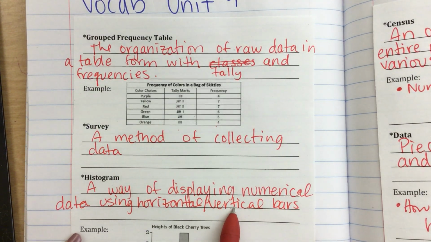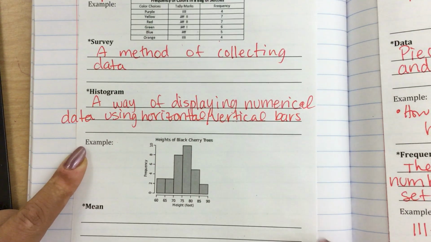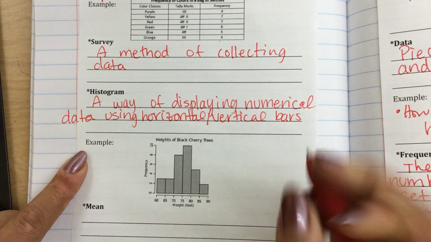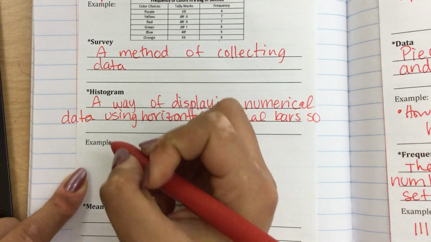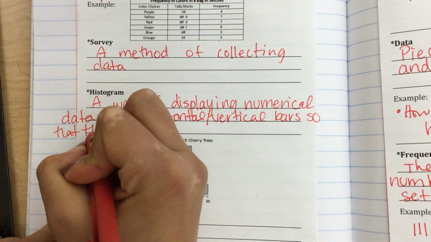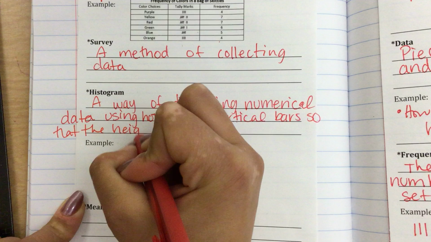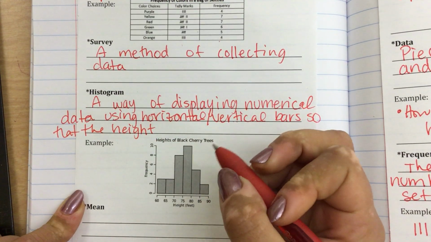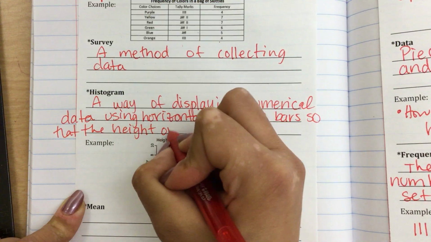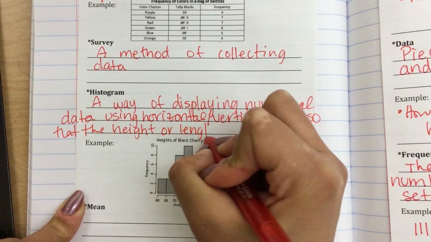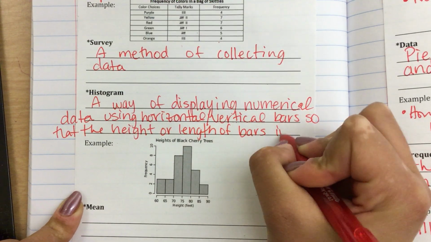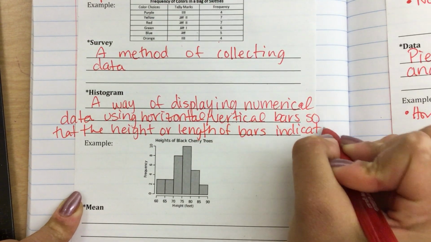We use vertical bars today, but you might see it horizontally. Horizontally is going left to right. The height or the length of the bars indicates frequency.